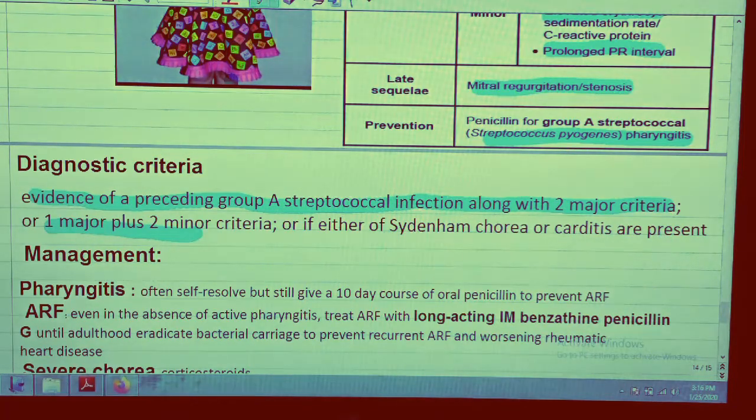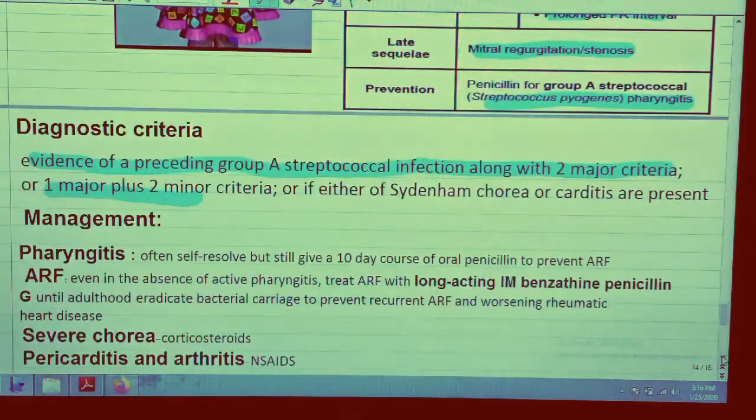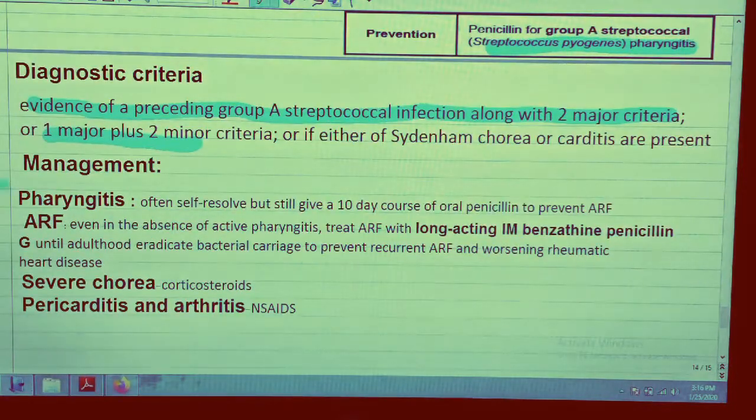Now we discuss management. If pharyngitis, it often self-resolves, but give a 10-day course of oral penicillin to prevent acute rheumatic fever.